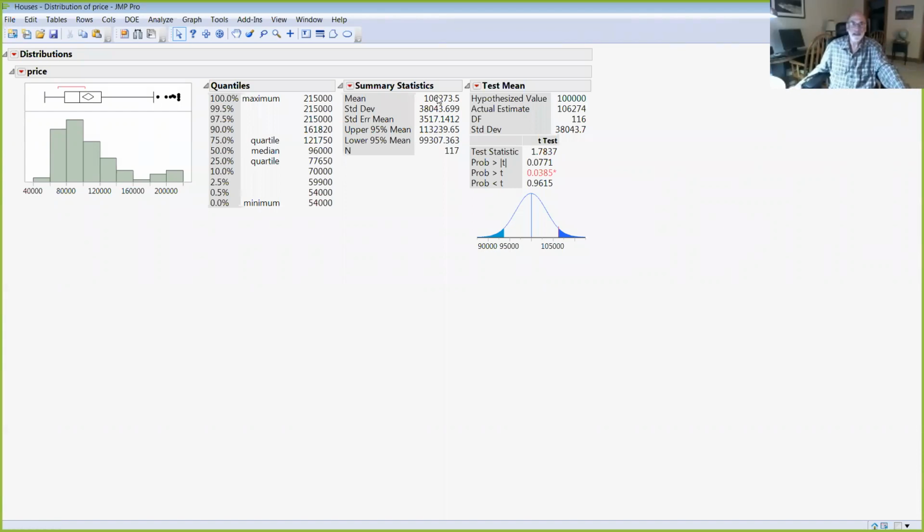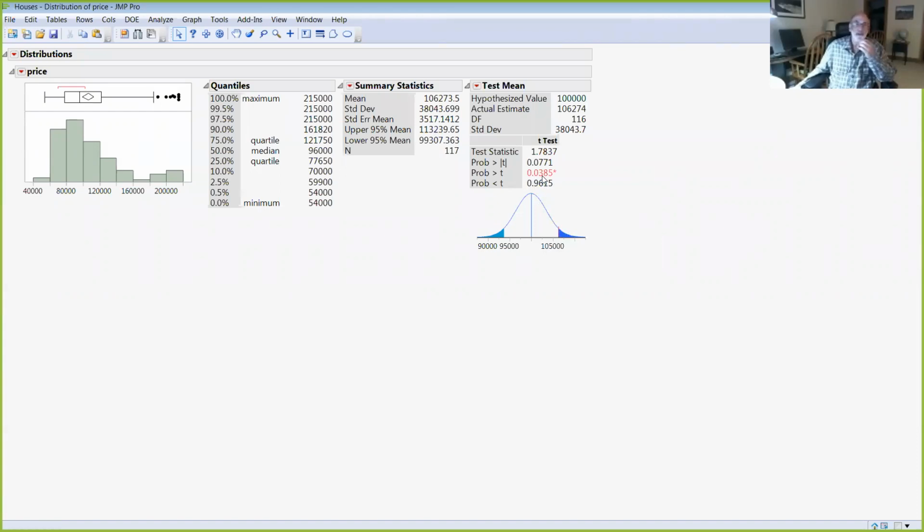So you basically shouldn't be bothering to look at the p-value. You'd have to say, we can't possibly disprove that hypothesis with this evidence. We could potentially want to say we have sufficient evidence to disprove the hypothesis that it's 100,000 or less, because that one-sided p-value actually is less than 5%.